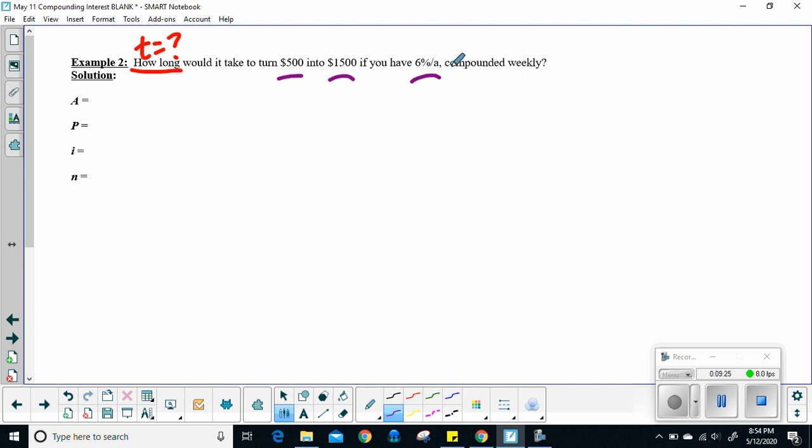You have 6% per annum compounded weekly. So we're looking for a time. We start with $500 and end with a final amount of $1,500, with an interest rate of 0.06, compounded weekly, and we've got 52 weeks in a year.